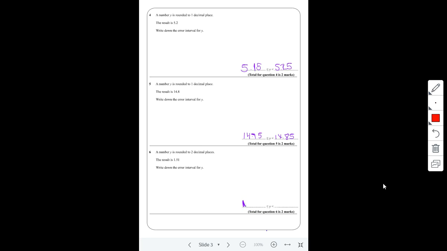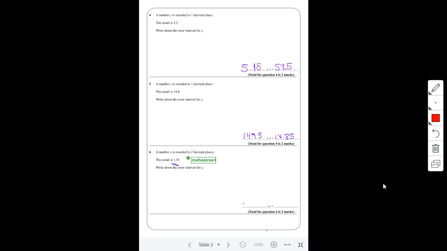I think there's something wrong with the projector because whenever I try to write, it doesn't let me write. So you can take it on your screen. Let me try to do this one, and the next set of questions I'll do on my screen. So this one, since it's rounded to two decimal places, how would I do it?